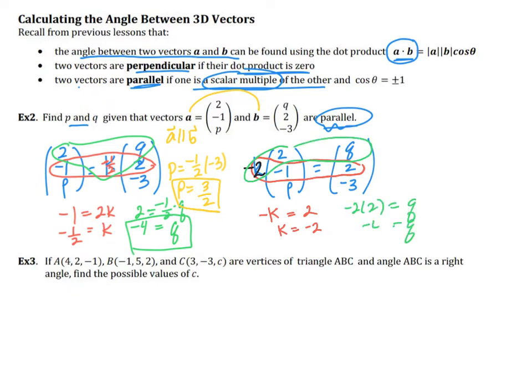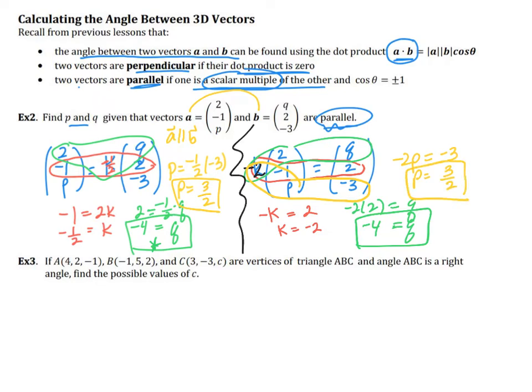So q equals -4. Well, that's the exact same answer I got before, so yes, what I said was correct. And then I have here -2p equals -3. So what is p going to equal? It's going to equal 3/2. So once again, either choose the first way or the second way. Either way is fine. You're going to get the same answers in order to get those two vectors to be parallel to each other.